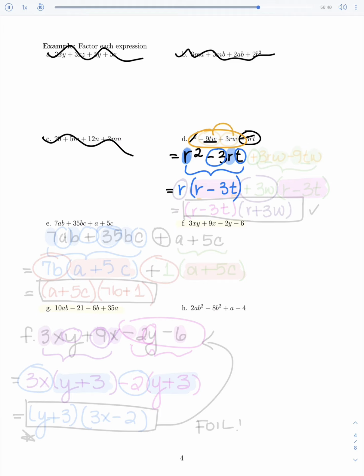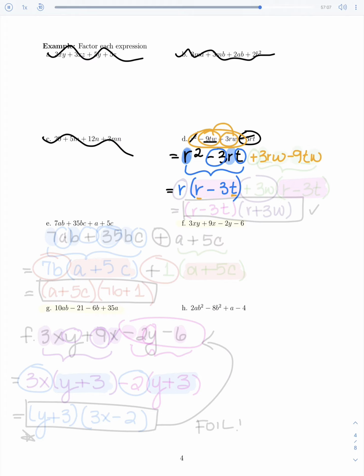Well, we need to have the term with the R first and the term with the T coming second so that they'll match up, because remember the goal is that these have to match. So the term with the R has to come first. That's the positive 3RW. And then that means the negative 9TW needs to come second. Negative 9TW.